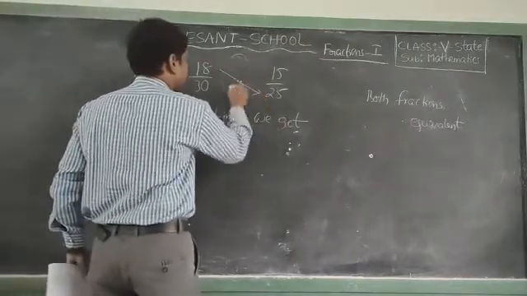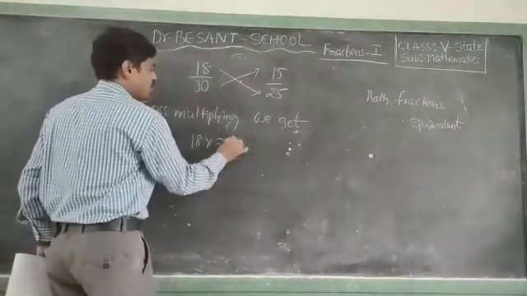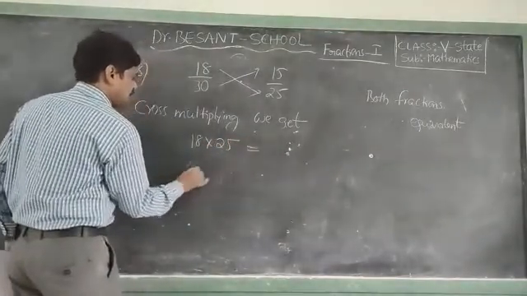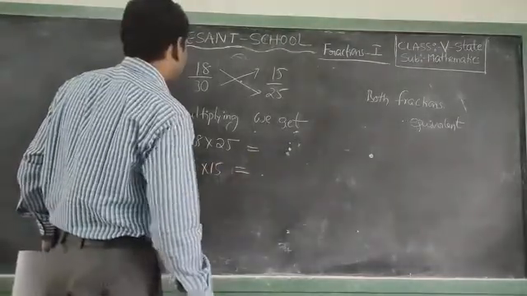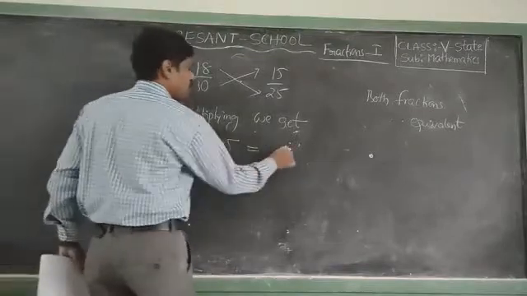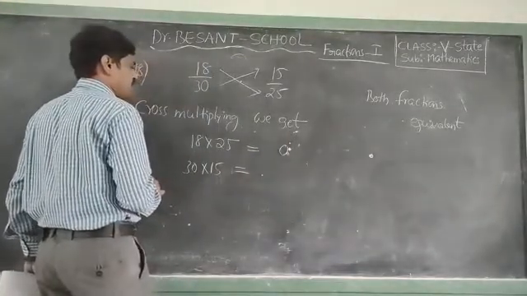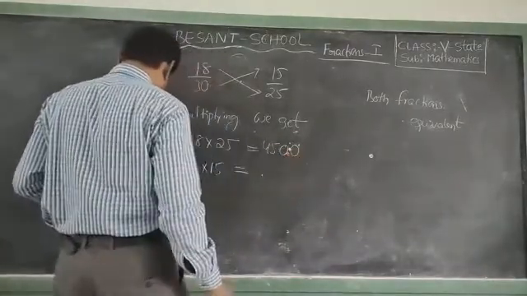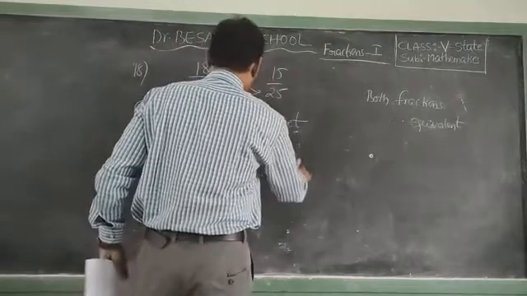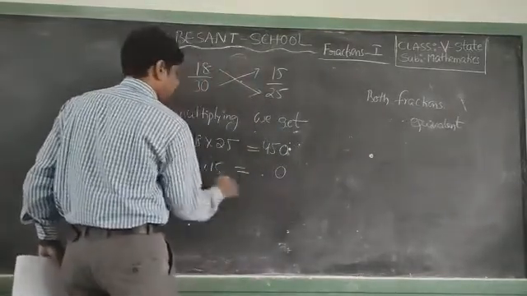Cross product: 18 into 25, 30 into 15. So 450.